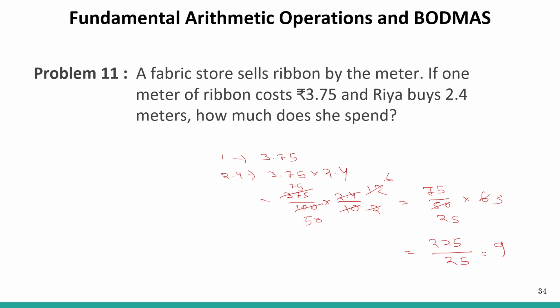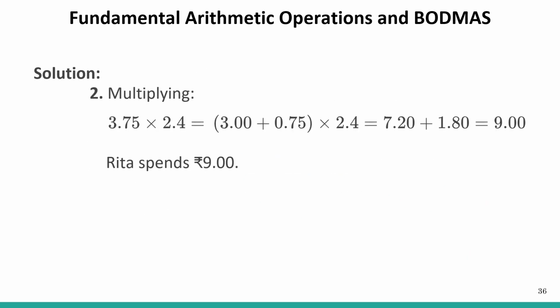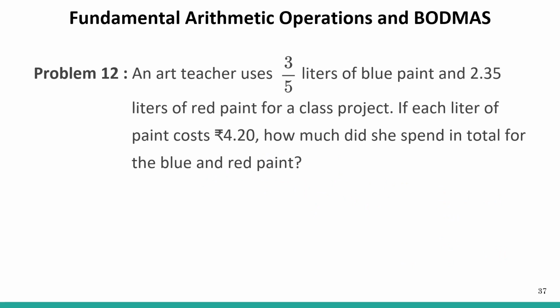So let's see problem number 12. An art teacher uses 3 by 5 liters of blue paint and 2.35 liters of red paint for a class project. If each liter of paint costs 4.20, how much did she spend in total for the blue and red paint? Since both the paints cost the same, let's add the amount of paint used in both cases, that is 3 by 5 plus 2.35.